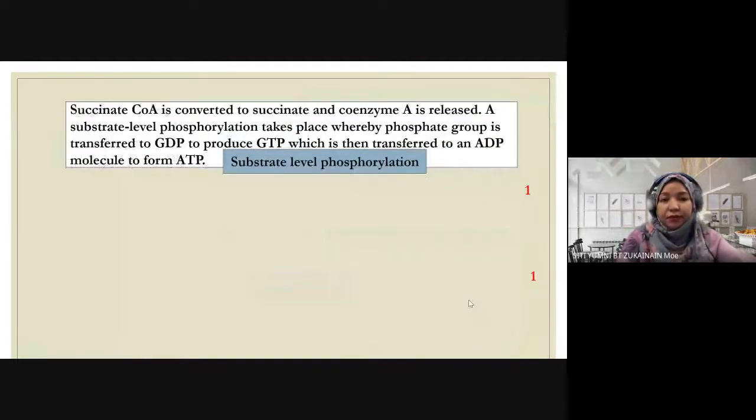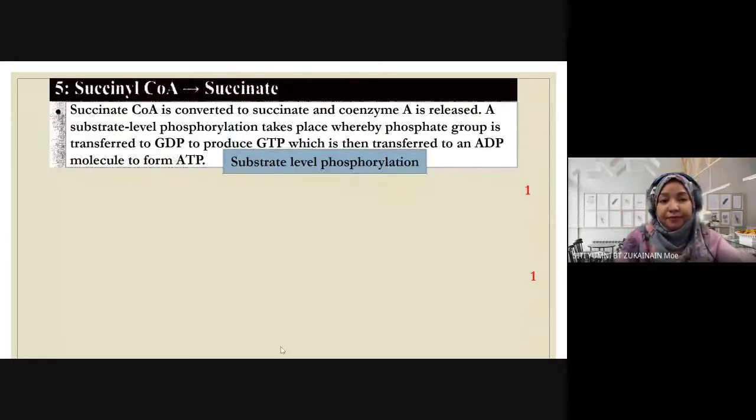Now at stage 5, succinyl CoA becomes succinate. You need to explain that succinyl CoA is converted to succinate and coenzyme A is released. A substrate level phosphorylation takes place whereby a phosphate group is transferred to GDP to produce GTP, which is then transferred to an ADP molecule to form ATP.